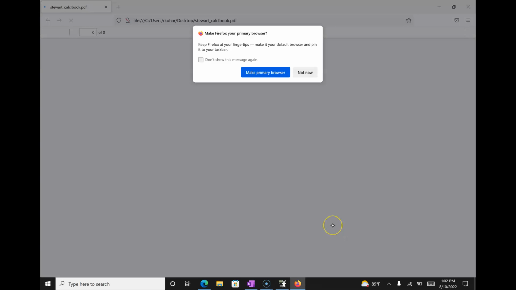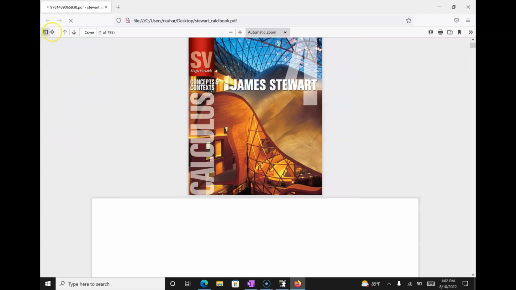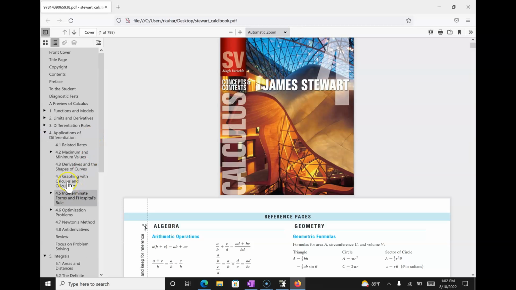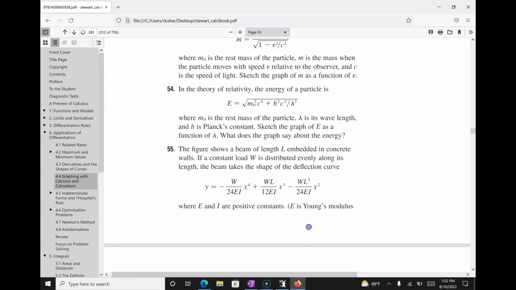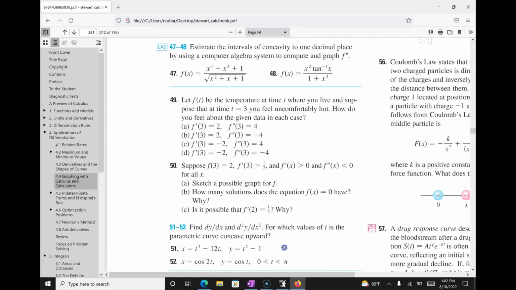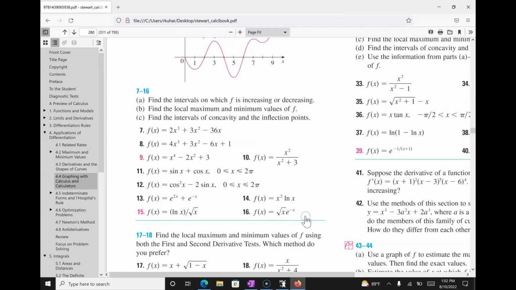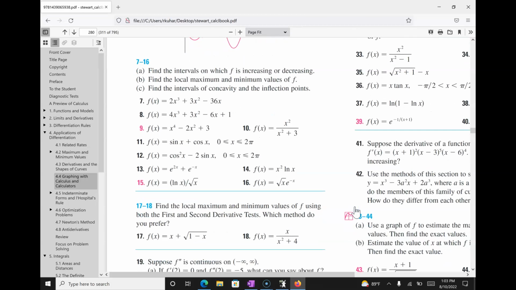Oh my God, so slow. Any of those functions up to 16 is fine.